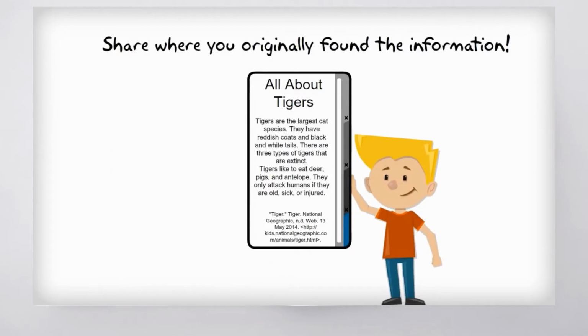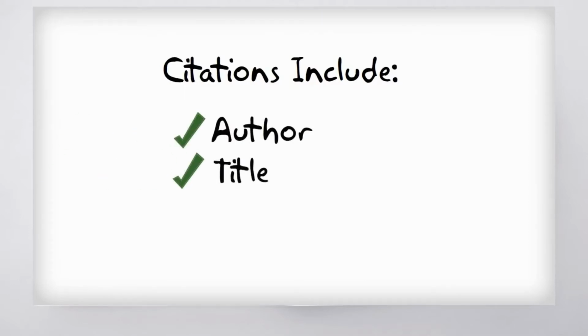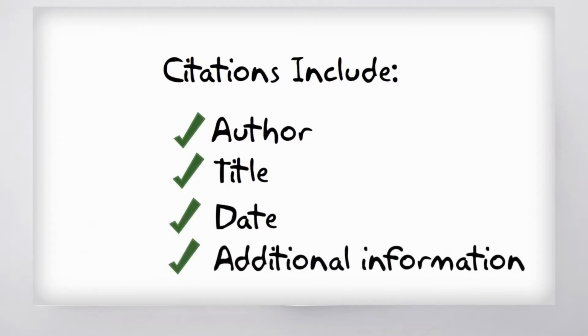Include what is called a citation in your research project. Citations are usually found at the end of research projects, and they include information about the original source. Here are a few items that are included in a citation: the name of the author, the title, and the date the information was created. There are other pieces of information that are included as well.